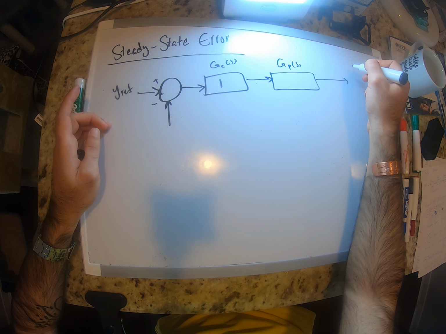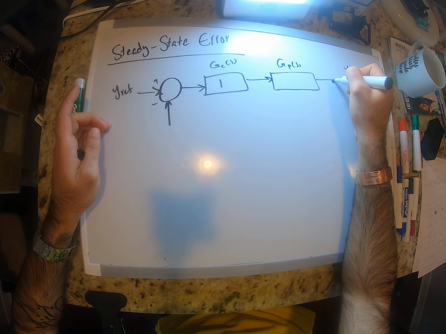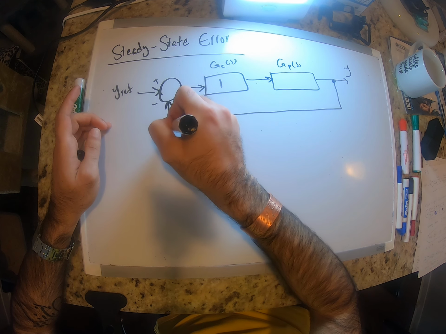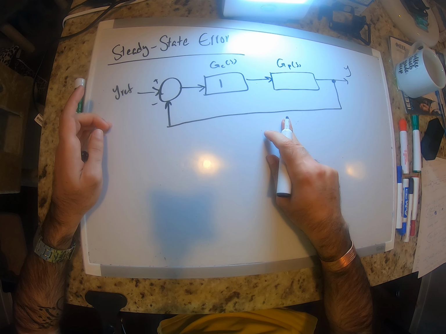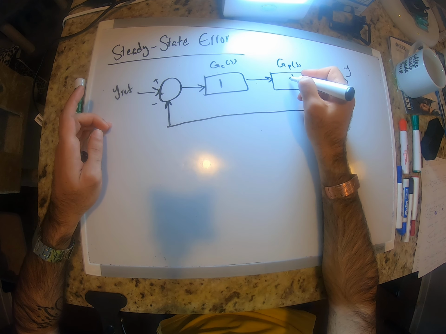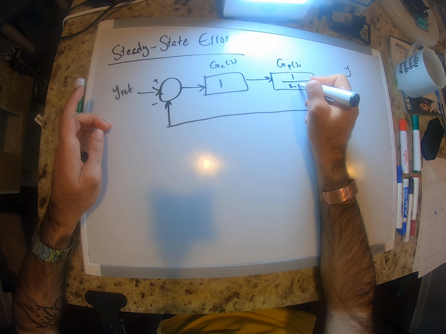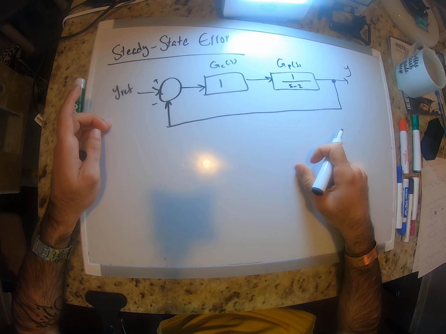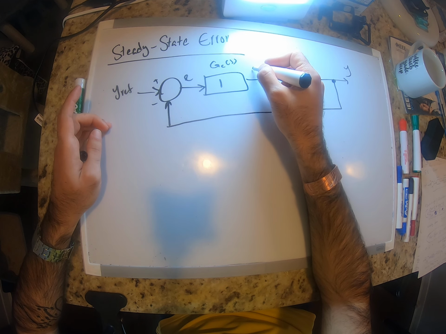So basically just one feedback, and there's no sensor transfer function here. And let's say this is the transfer function of our plant. Okay, so this is error, this is U.